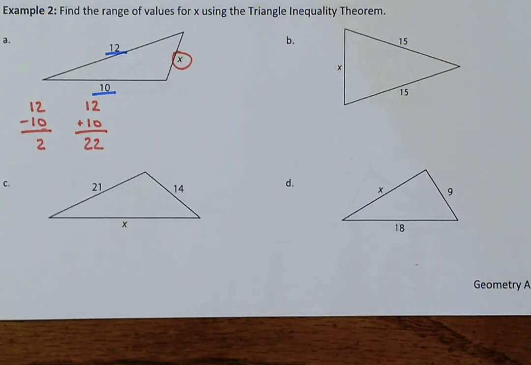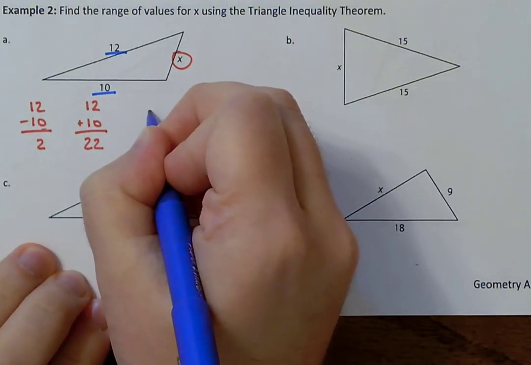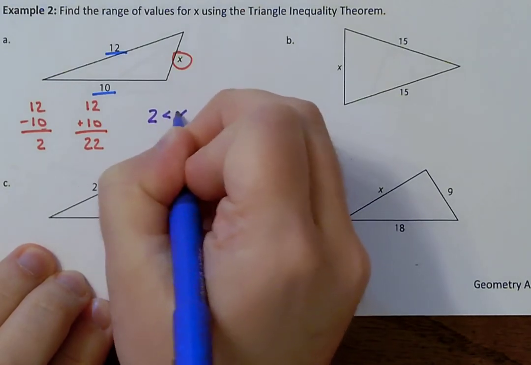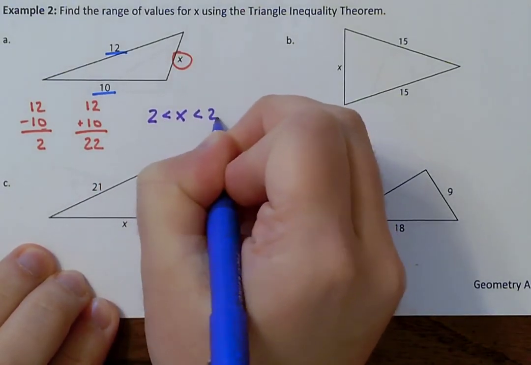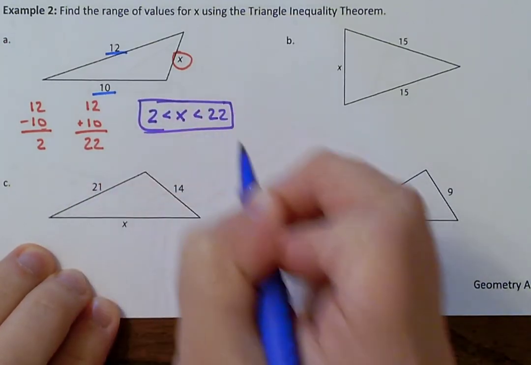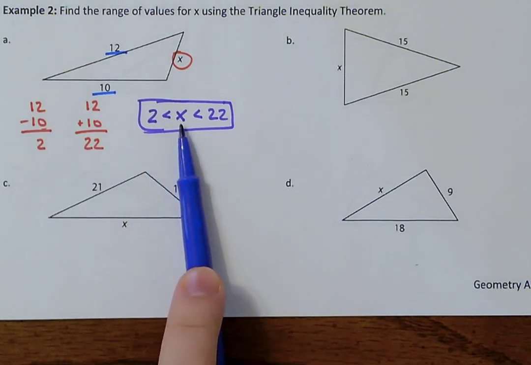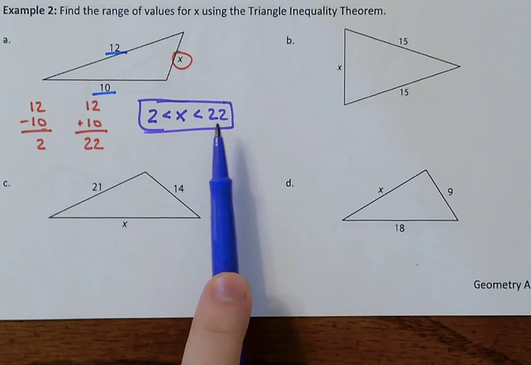So for my range of values for x, it would be 2 is less than x, which is less than 22. And that is my answer for part A. So example 2A, I just took 12 and 10, subtracted them, and then added them. And then we have 2 is less than x, which is less than 22.